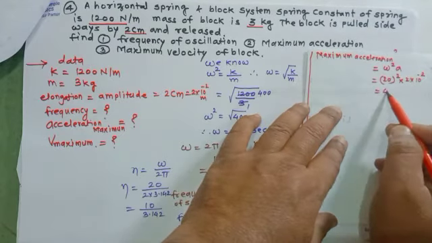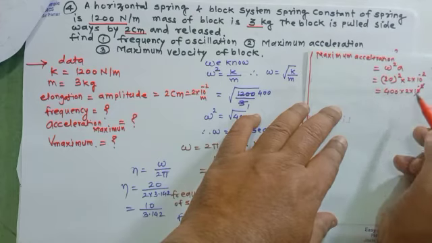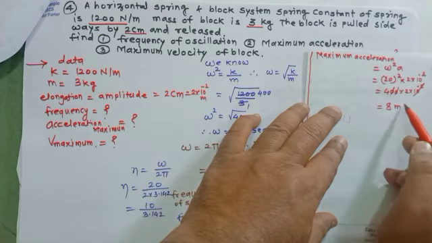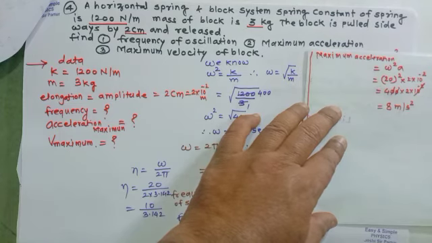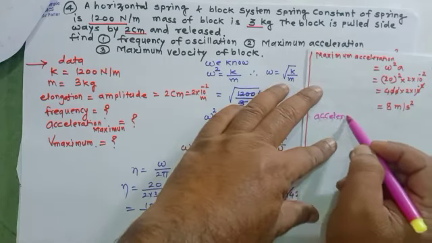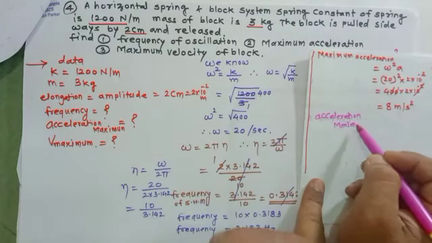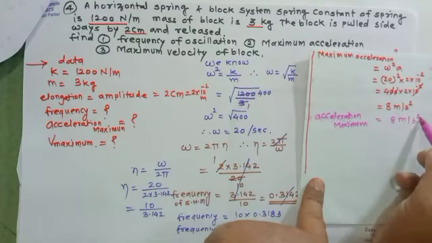So 400 into 2 into 10 raised to minus 2, and the 10 raised to minus 2 and the 0 0 get cancelled. So it is 8 meter per second square. Maximum acceleration is equal to 8 meter per second square.